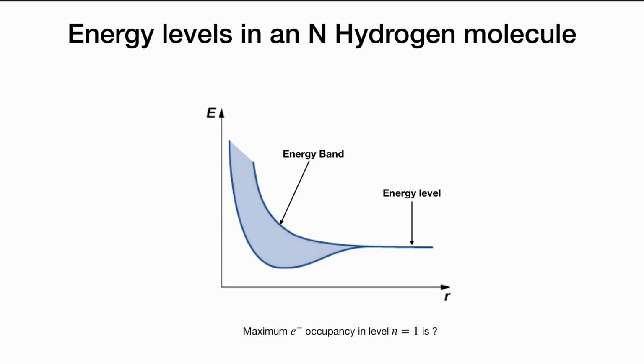And the number of electrons it's going to accommodate is uppercase N, that is the number of hydrogen atoms involved in this molecule, times 2n squared. And because this is the first energy orbit, n is equal to 1, so we're going to have that many electrons which can be housed here.